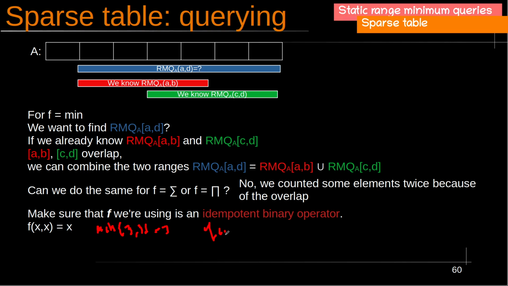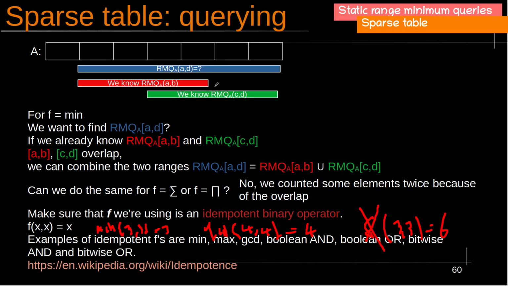GCD, greatest common divisor, of 4, 4 is equal to 4. But, for example, the sum of 3 and 3 is not equal to 3, it is 6. So we cannot use the sum with the sparse table.